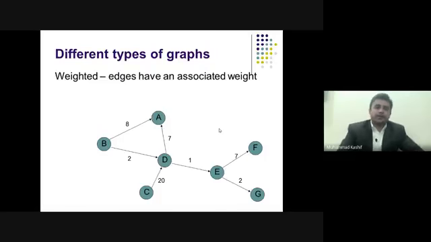Then weighted and directed graphs. If we have weights on edges, then we can also have direction on each edge. That means if we bind a user, if we bind an object to move from a location, and we have to assign a proper destination, then he or she has to follow that direction.